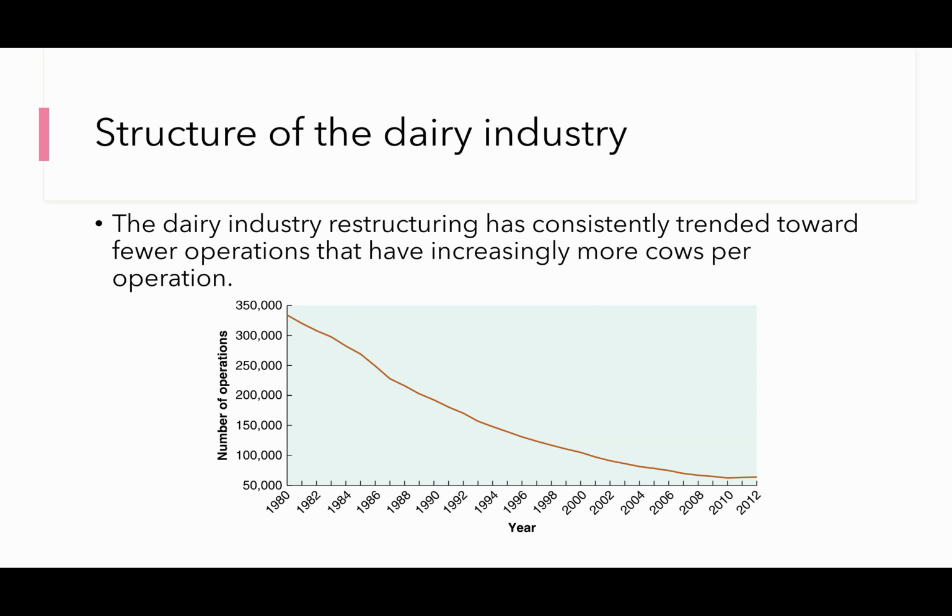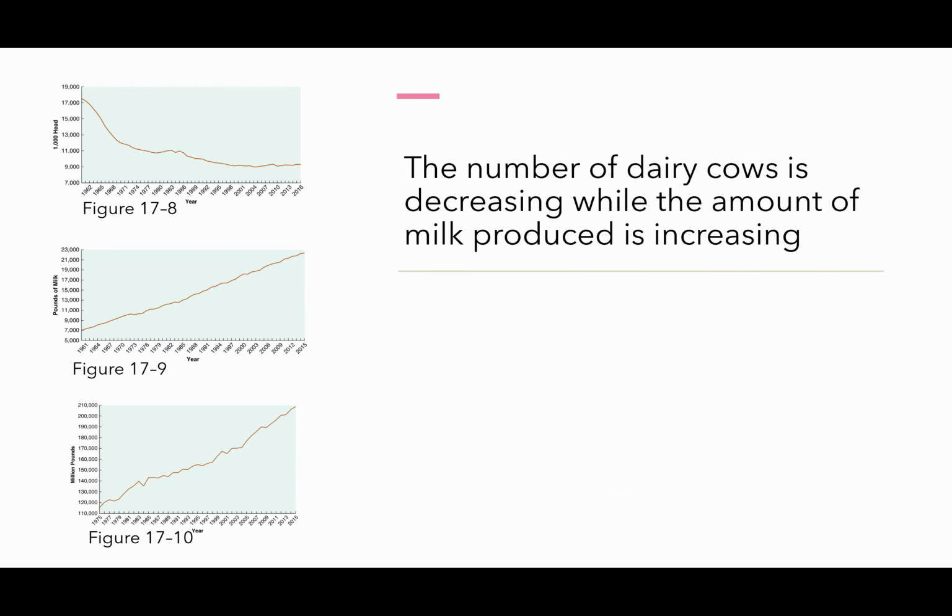Now, the dairy industry is changing, and there have been trends over the last few years. This chart goes all the way back into the 1980s, and there have been trends that the number of operations has been decreasing. But on each operation, there have been more cows, and we'll see that here.